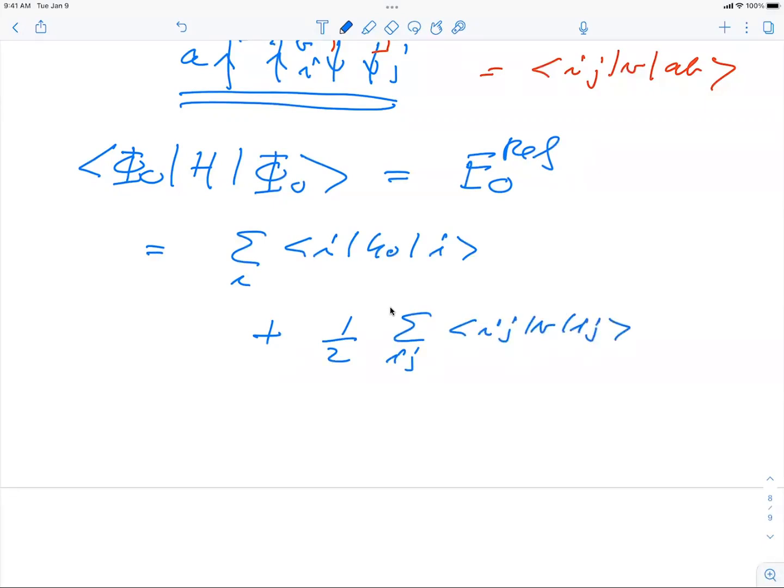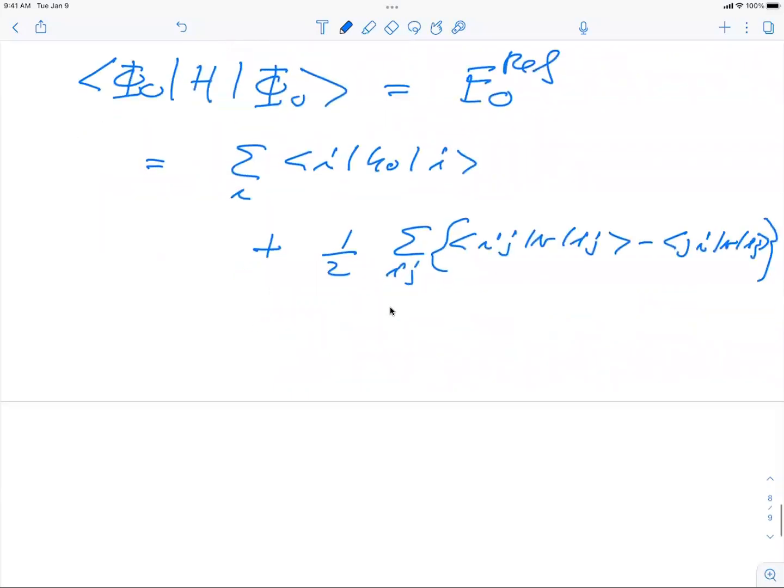Now instead of writing these anti-symmetrized matrix elements, I'm simply going to write out the matrix elements, like that.